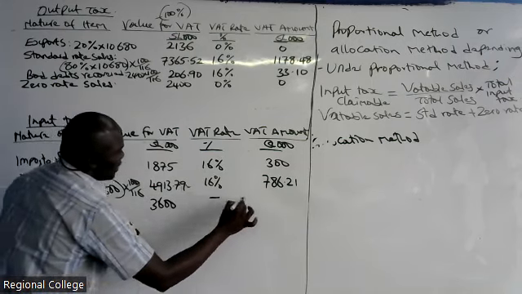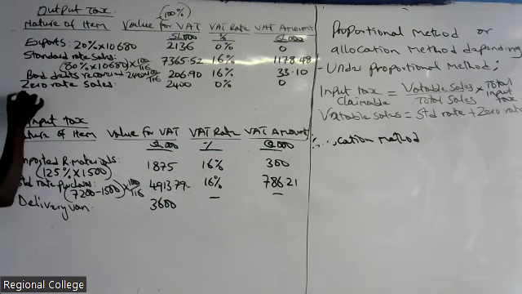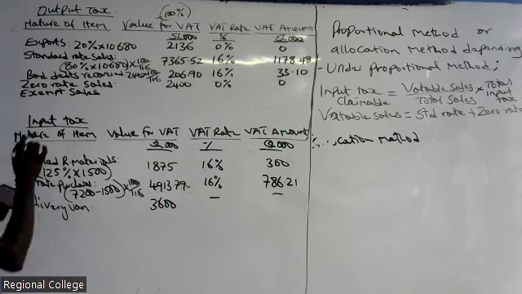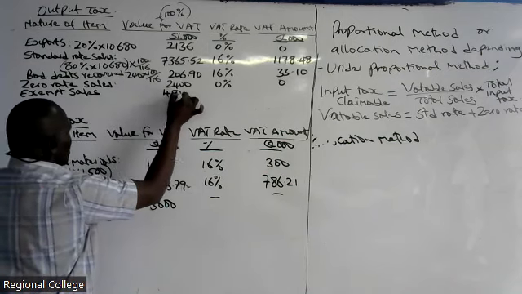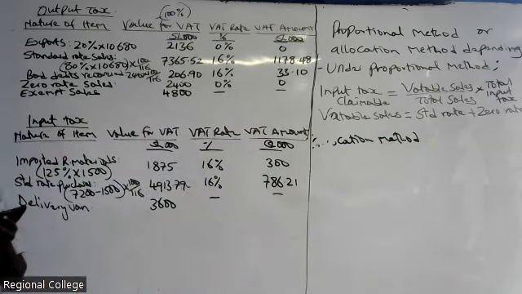That's 600. Let me note that it is prohibited. Exempt sales equals exempt sales of how much? Is it 4,800? The VAT rate is dash and the VAT amount is dash.